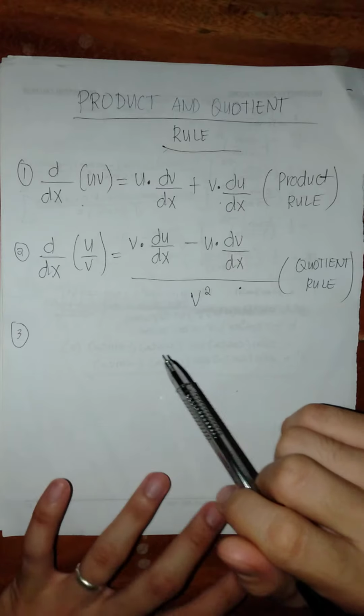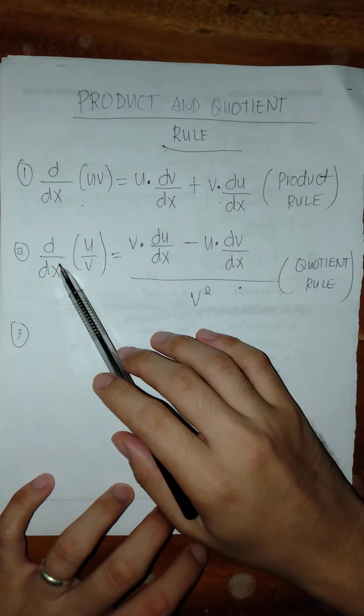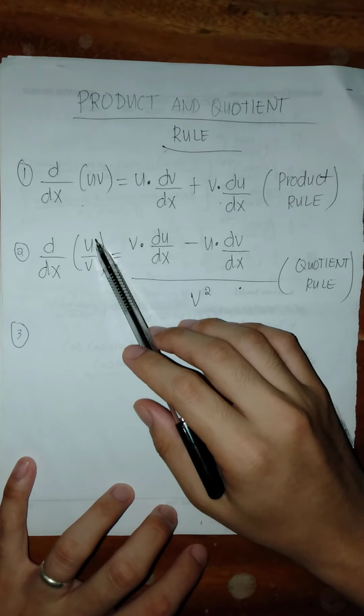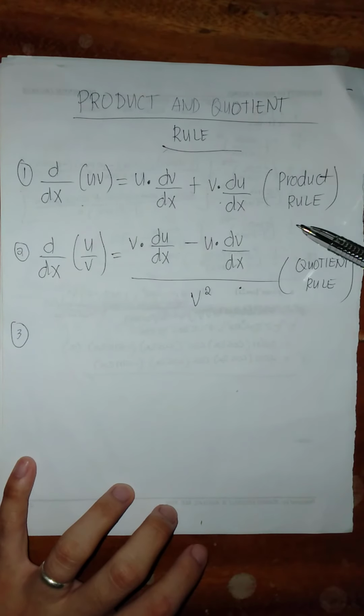If you want to get the derivative of your function that is in fraction, let's say, u over v with respect to x, paano kukunin yung derivative niyan? Ganito yan.